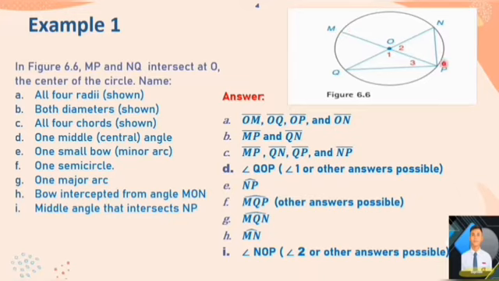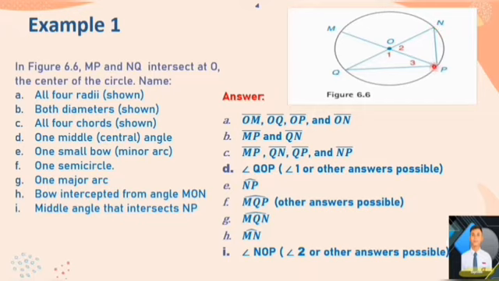The next one is the central angle, and in figure 6.6 the central angle is angle QOP. The next one is the smaller arc or minor arc, and in figure 6.6 the minor arc is NP.